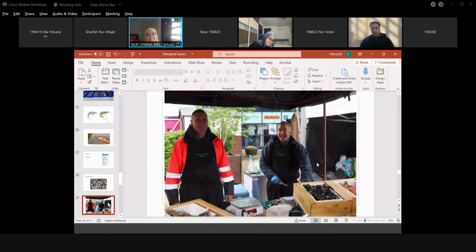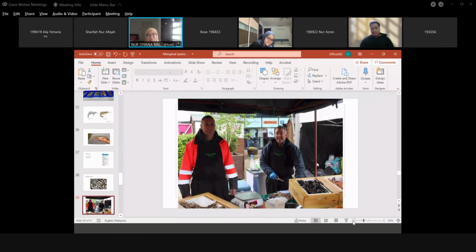So this is a picture. When we go somewhere, I like to go and see the seafood, you know, what do they have? So this is not local. This is in Scotland. Scotland also has nice seafood. They sell fresh oysters and mussels from their farm.